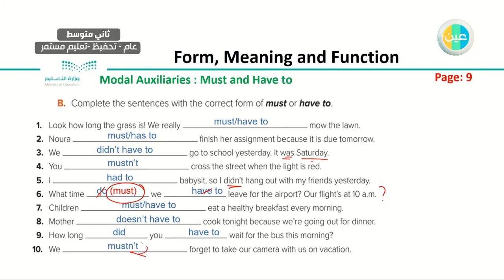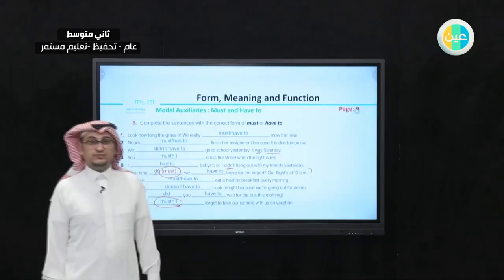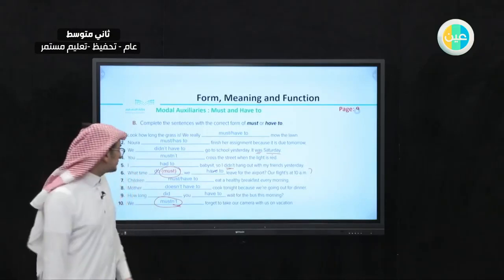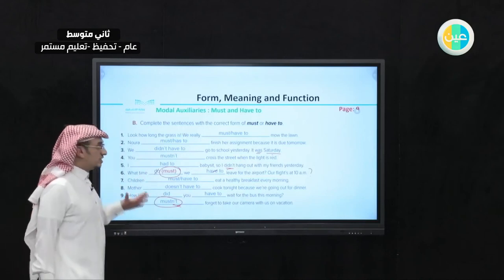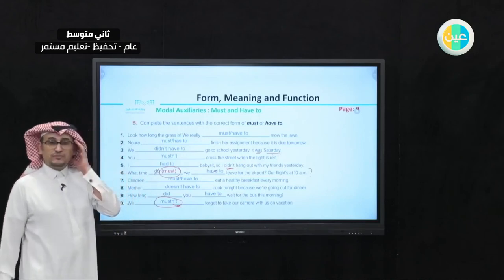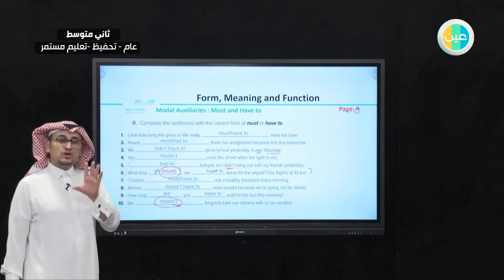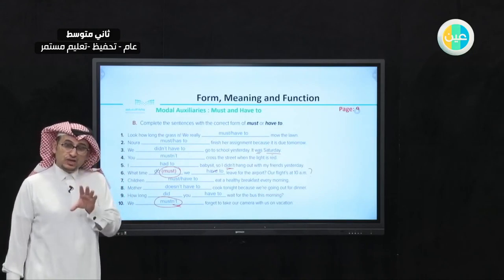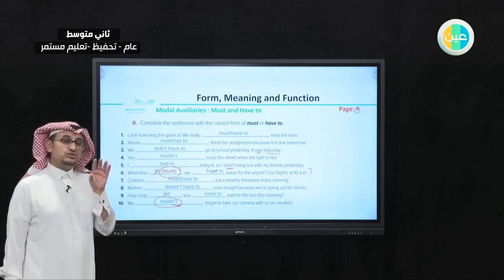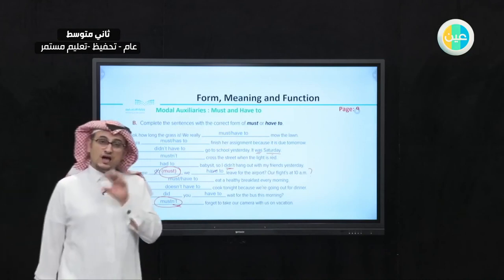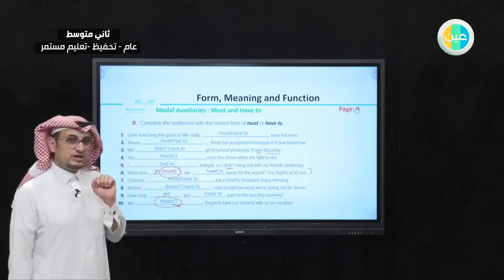We use mustn't, okay? So it's something necessary, no excuses. Okay, that's the idea of modal auxiliaries. Remember using them and know how to use them. You have to focus on the past form: we can't use must in the past form. We use had to or didn't have to instead, okay?